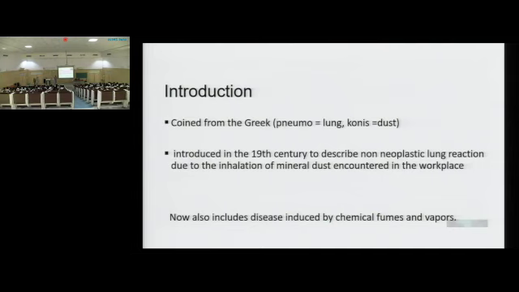So those people who are exposed to dust, and also those people who are exposed to organic and inorganic particles, you can say dust also, due to their occupations. But in the recent scenario, this pneumoconiosis also includes the infections which are caused by chemical fumes and vapors.